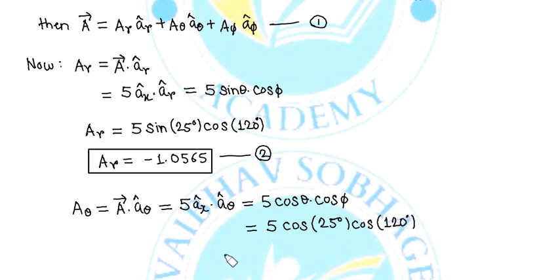From that you will find that A theta is equal to minus 2.2657. So this is the value for your A theta. Assign some equation number to this one. So this is the second element that we will be needing.